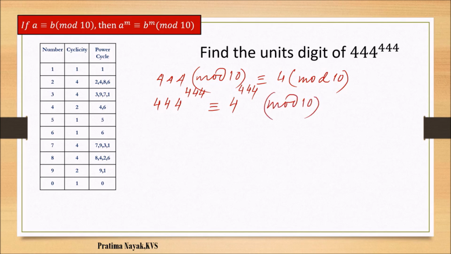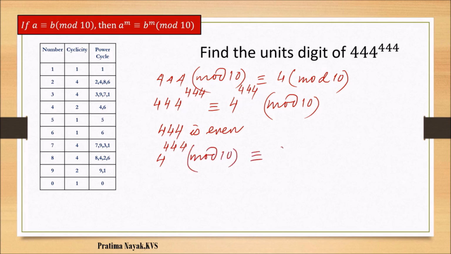Same concept, this 444 is an even number. So 4 raised to the power 444 modulo 10 will be congruent to 6 modulo 10, or it ends in 6. Unit place digit is 6.